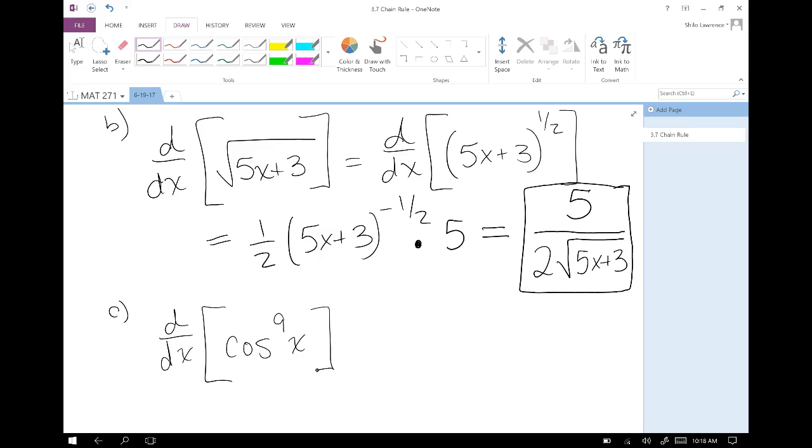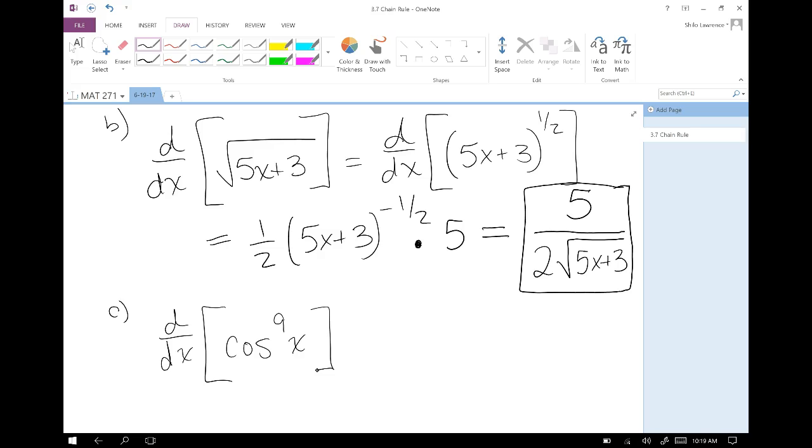The derivative of cosine to the 9th of x. So shorthand notation for powers of trig, so that we don't have to use parentheses, is we typically write the powers in between the trig function and the angle. That's just because mathematicians are lazy and we don't like to write extra characters.